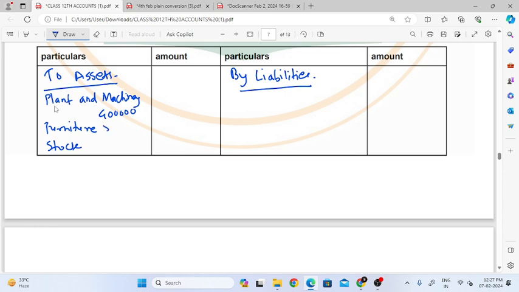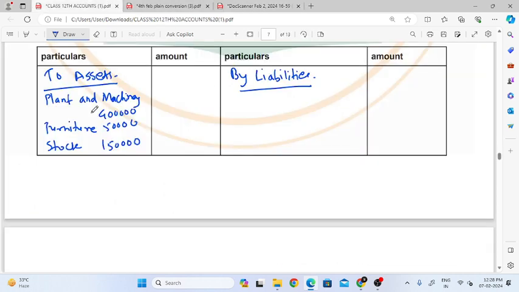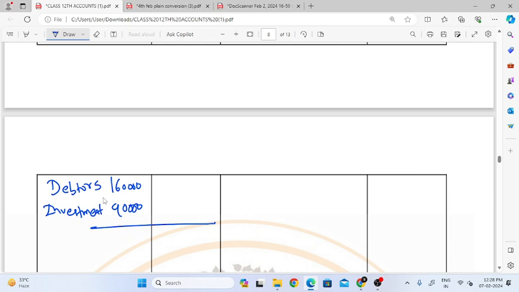Furniture is 50,000, stock 1,50,000, and debtors and investment. Debtors 1,60,000, investments 90,000. So the total of this comes to 8,50,000.